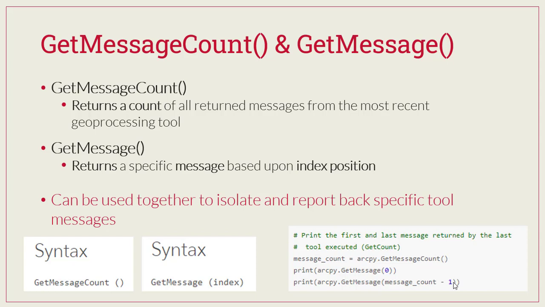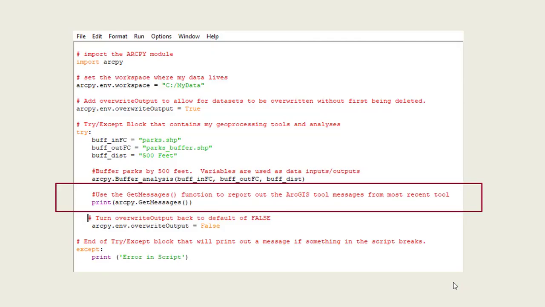This methodology is not used all that often, but usually textbooks and a lot of help documentation will refer back to getMessageCount and getMessage. So I like to show you their syntax and give you an example about how they can be used. But really the tool that we are going to be using in this class is the ArcPy.getMessages, printing out our geoprocessing messages, because this is going to be the way that we're going to be able to evaluate whether or not our tools run the way that we expect.